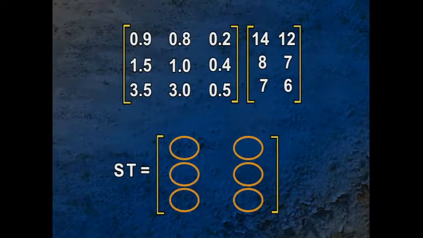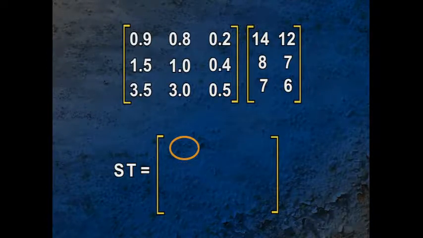And here are the different parts involved in the S times T, or the ST matrix. Now, for the entry in each position, we look at that entry and we decide what entry that is. Where is its position in ST? This item is in the first row, first column.